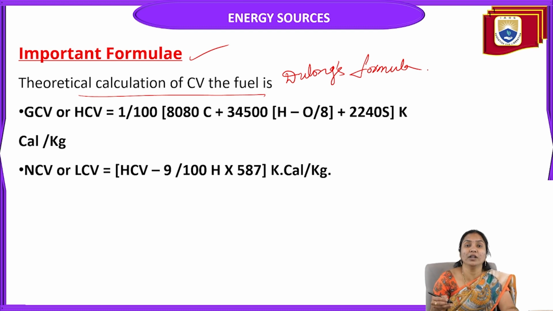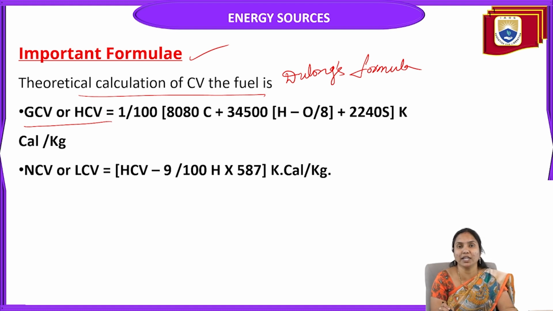Gross calorific value, or high calorific value, is equal to 1 by 100 into 8080 carbon plus 34,500 H minus O by 8 plus 2240 sulfur, in kilocalorie per kg or calorie per gram.